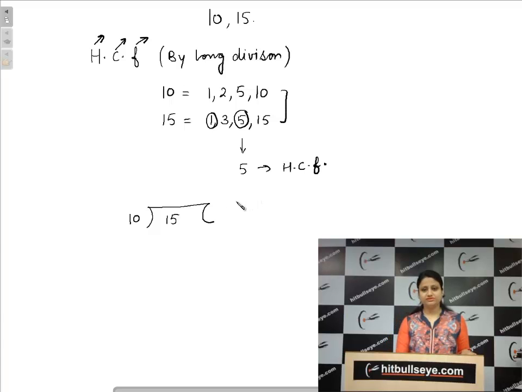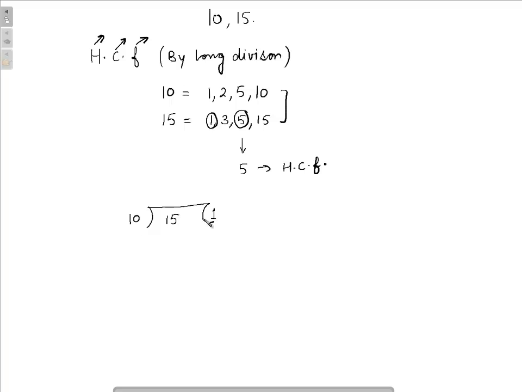We will perform the conventional division. I'm writing the quotient here and we are getting 5 as the remainder. Now we will perform the division once again. In this case, the old divisor will be the new dividend. 2 will be the quotient. 0 will be the remainder.